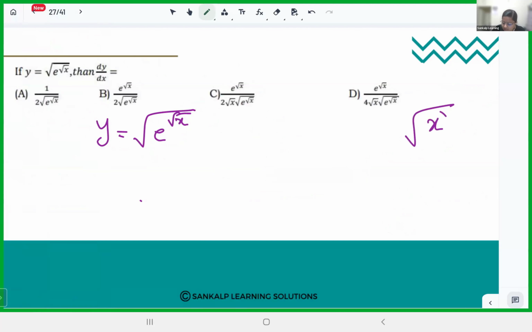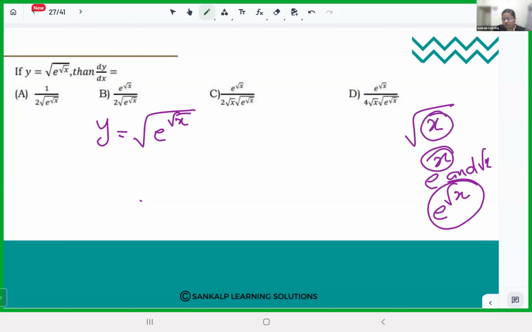Root x. But in the place of x, you can see that it is again a composition of functions. Which are those functions in the composition? It is nothing but e raised x and root x. Here in the place of x, it is root x. So this is a combination of two functions, e raised to root x. Okay, so you assume this e raised to root x as x, and then you find out the derivative.